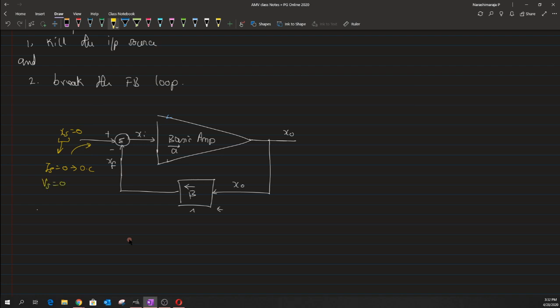If it is a voltage source, you can kill it by short circuiting it. So this is what you have to do for the first step, and the second step is to break this feedback loop. The way most people do it is to break the output.